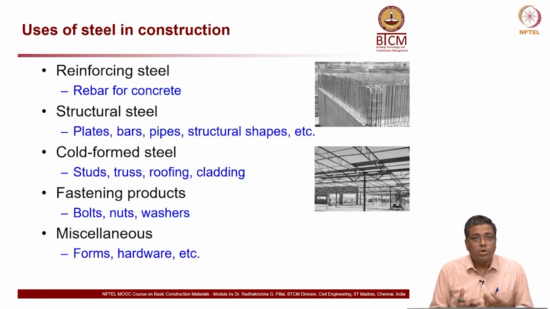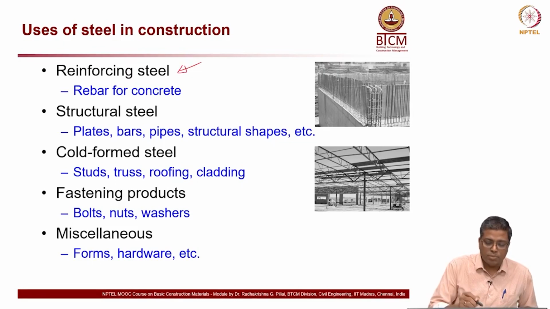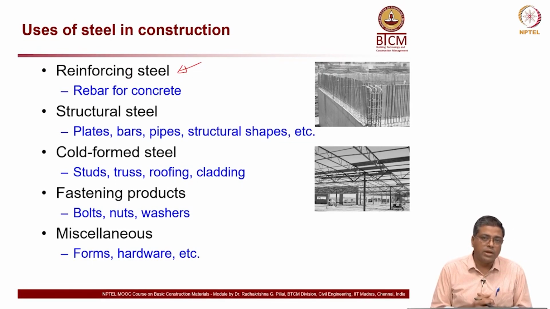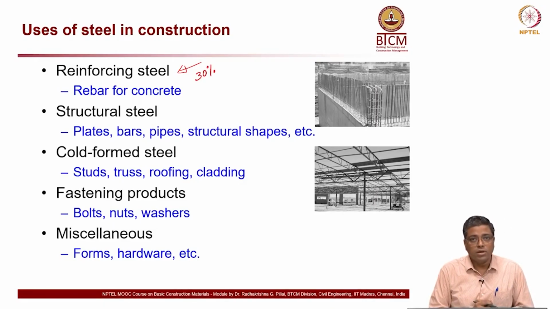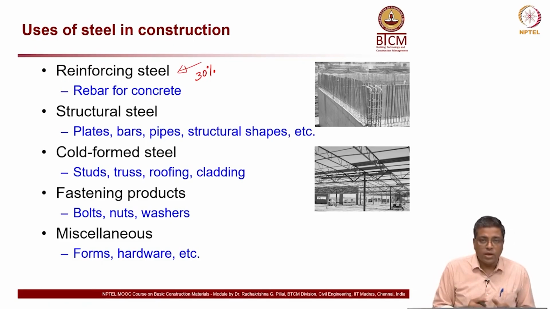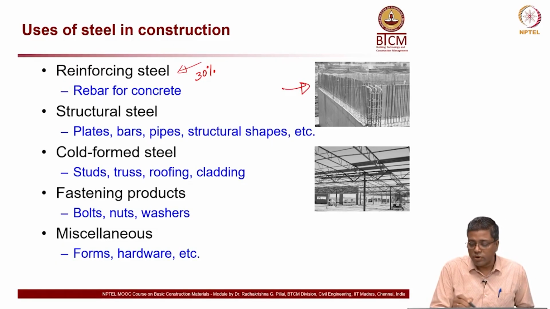Now, where do we use steel in construction? One of the major applications is reinforcing steel. About 30% of the steel made in this country is used as reinforcement, or these round rebars which you see, which are used in concrete construction. This is an example of reinforcing steel.